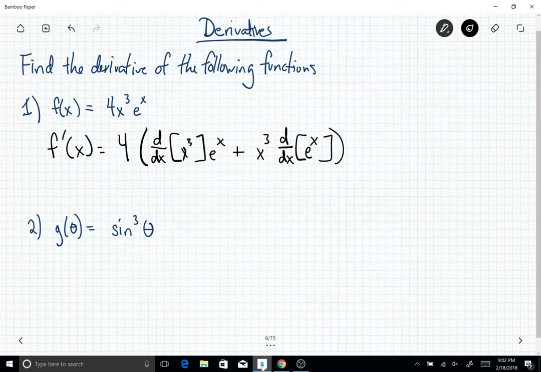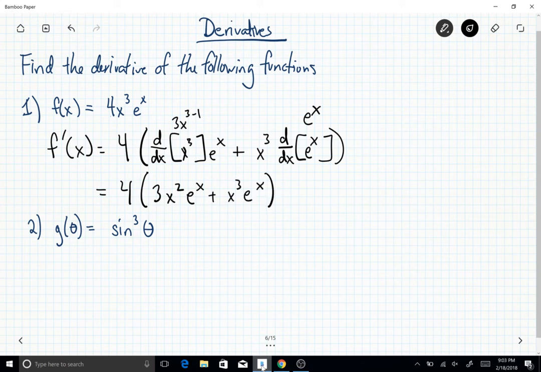Derivative of that first function, recall that we have to use the power rule, so that goes 3x to the 3 minus 1, or 3x squared. And the derivative of e to the x is just e to the x, so this whole derivative equals 4 times 3x squared e to the x plus x cubed e to the x. And that can be your final answer.